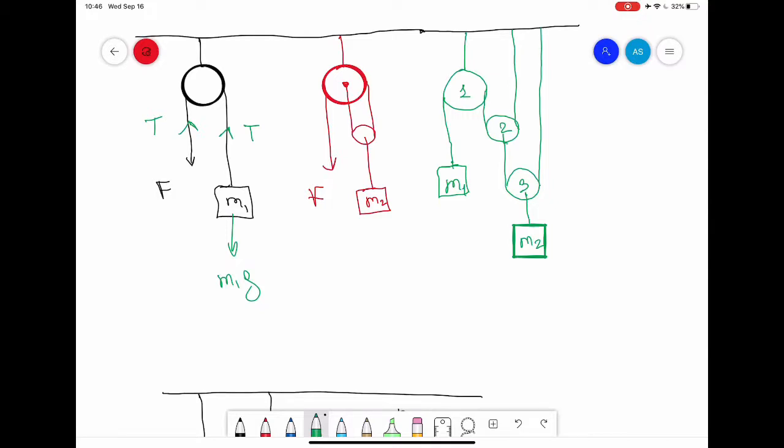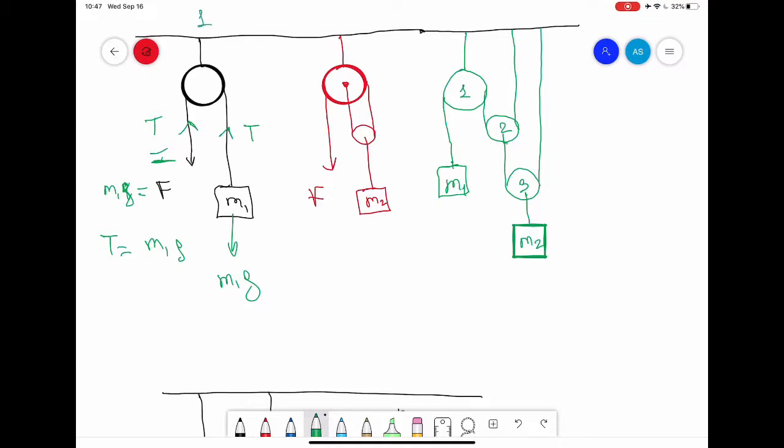So if tension is equal to M1G, then obviously this tension has to be the same as F. That means if you want to hold it stationary, you should apply a force equal to M1G.